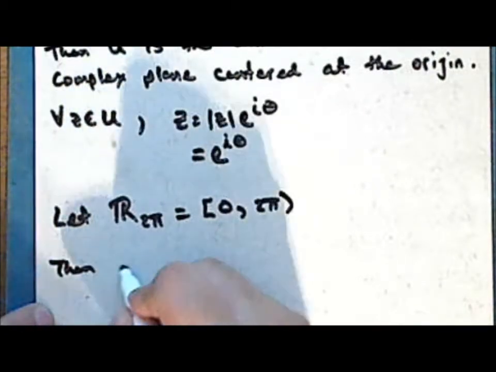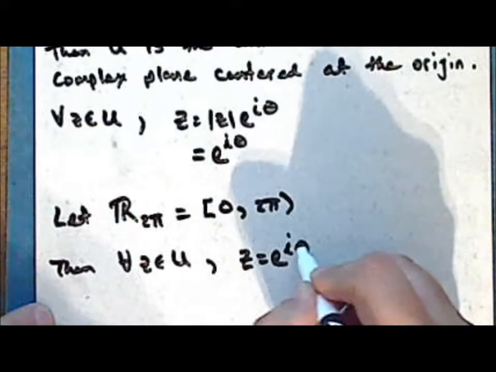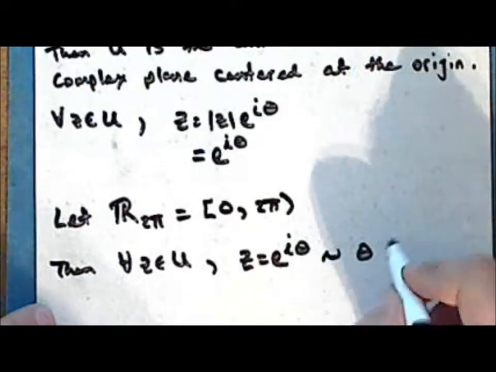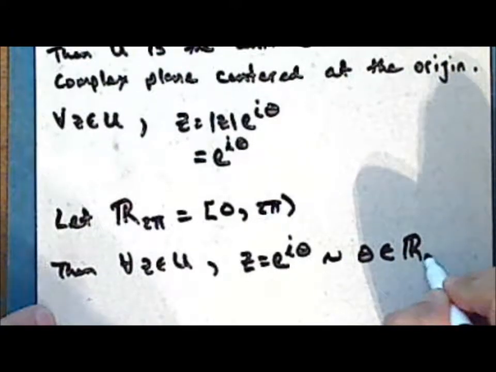Then every complex number on the unit circle is associated with a real number, theta, in this half open interval.